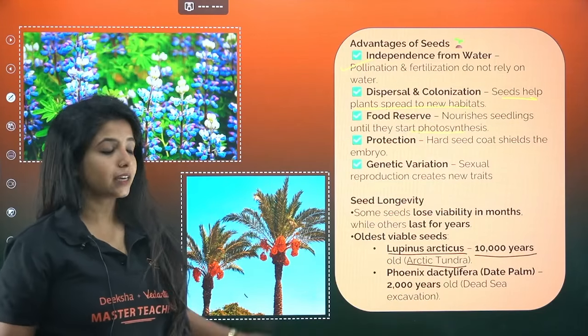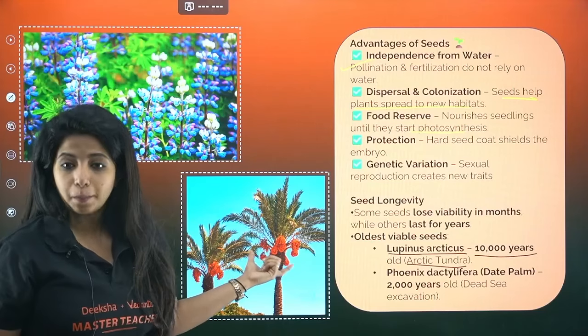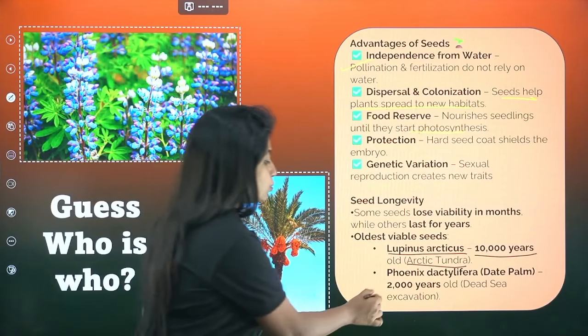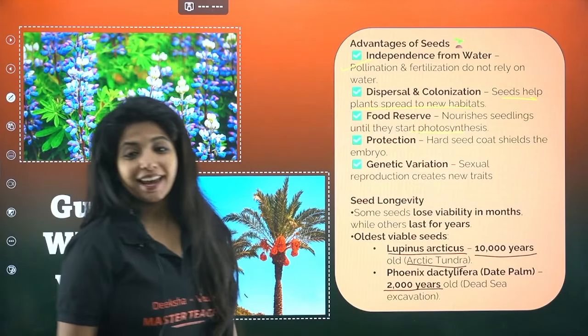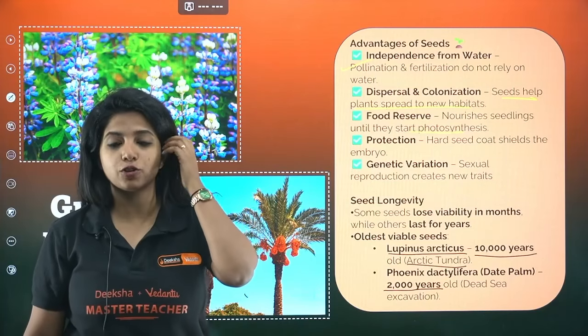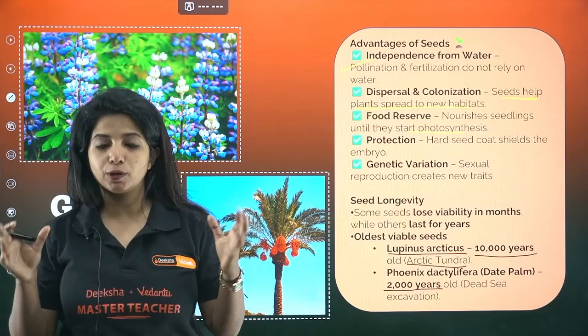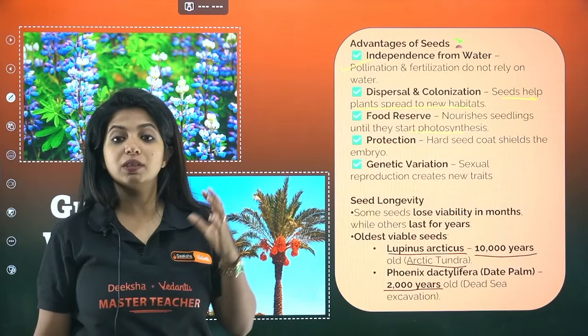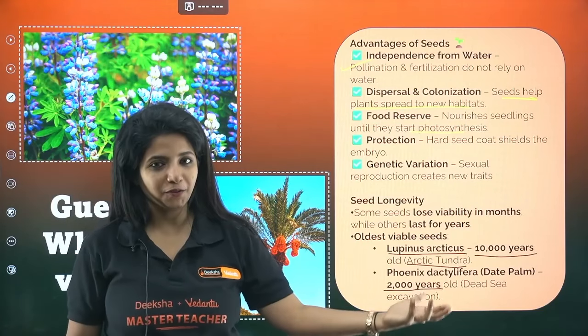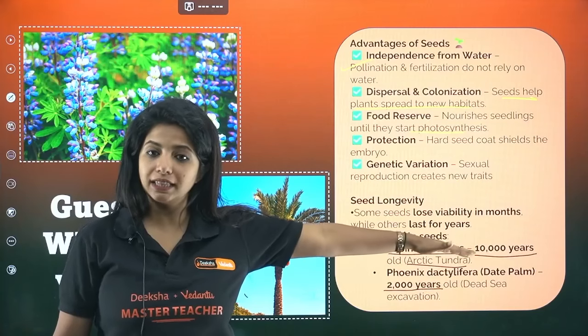Then you have Phoenix dactylifera, which you also call date palm. It didn't lose its viability for 2,000 years. It was found during the Dead Sea excavation in King Herod's time, and the 2,000-year-old seed was still viable. So 2,000 and 10,000.